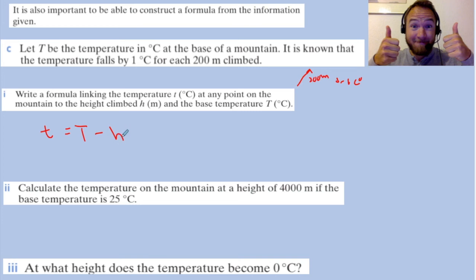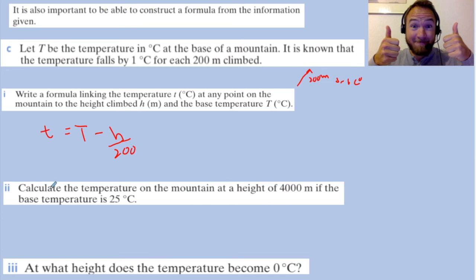No, it doesn't quite make sense. But what about this 200? Well, it's going to be our height divided by 200. Because it's not just our height, it's every 200 our height goes up. Then we're going to go down 1. So our temperature equals our base temperature minus our height divided by 200.